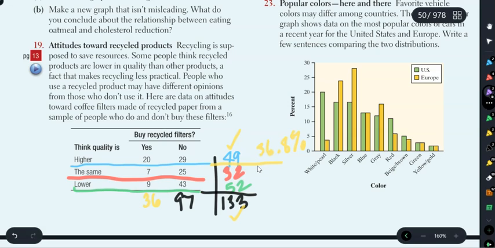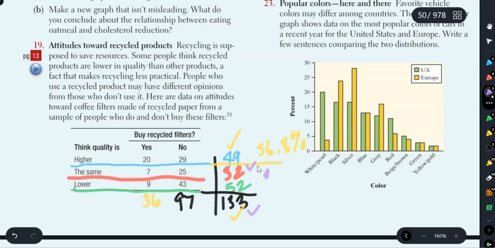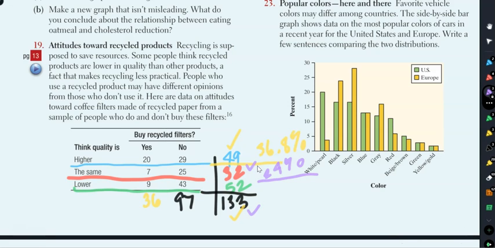How many people thought the quality was the same? That would be 32 out of 133. So if I do 32 divided by 133, I get 24%. So 24% thought that the quality was the same.